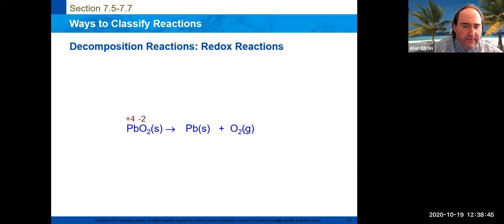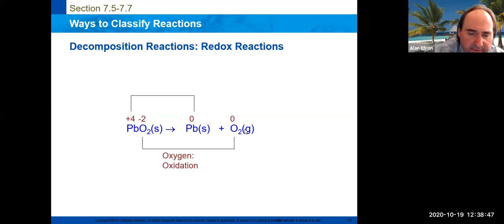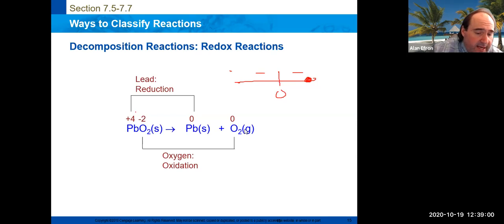Here's the other few that we see in that sort of example. Again, this is lead(IV) oxide. The oxidation state of our lead starting out is +4, which would be over here. Our lead on the other side is by itself, so it is 0. So it goes from +4 to 0. So the lead here is going through reduction.